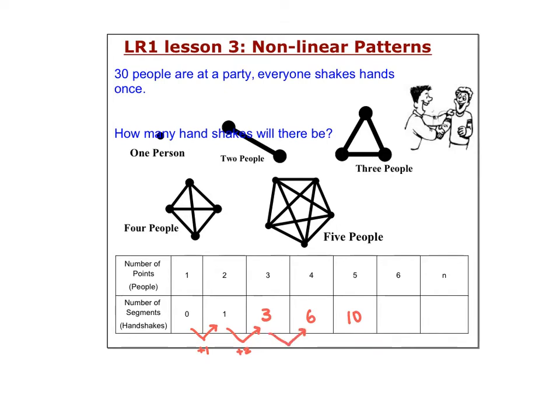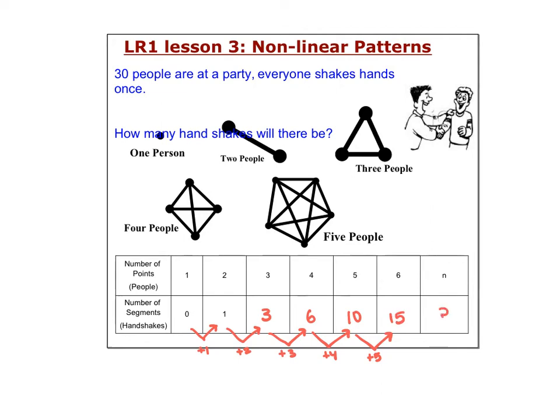When there's a 4th person added, we add 3 handshakes. 5th person added, we add 4 handshakes. You can see the pattern is increasing by 1 in each situation. As n increases by 1, the number of handshakes increases by 1 more than the previous. Therefore, we would get 15 handshakes.